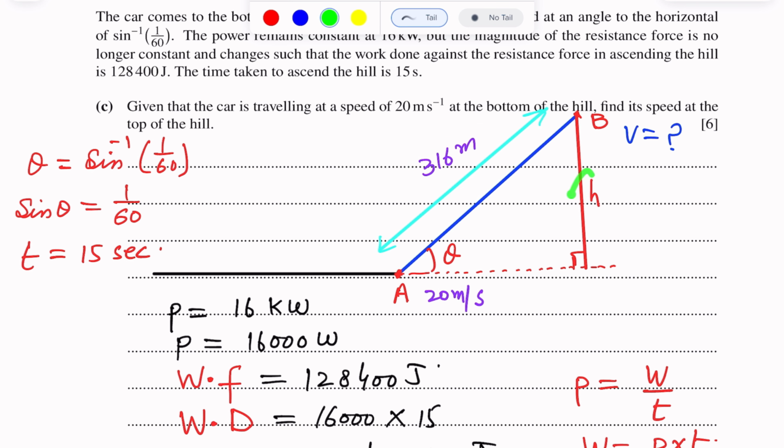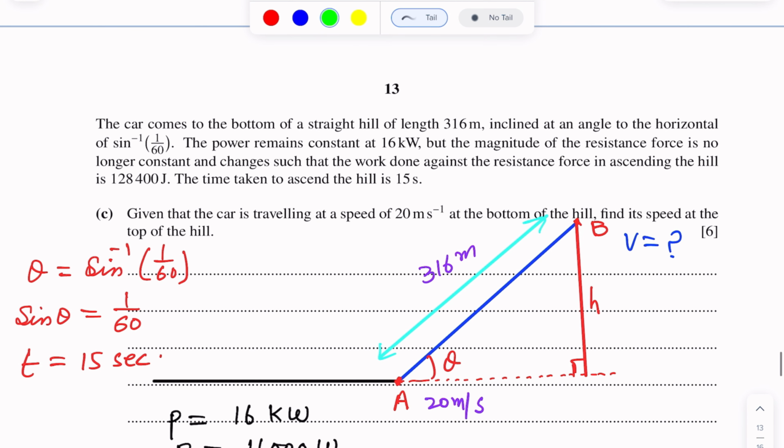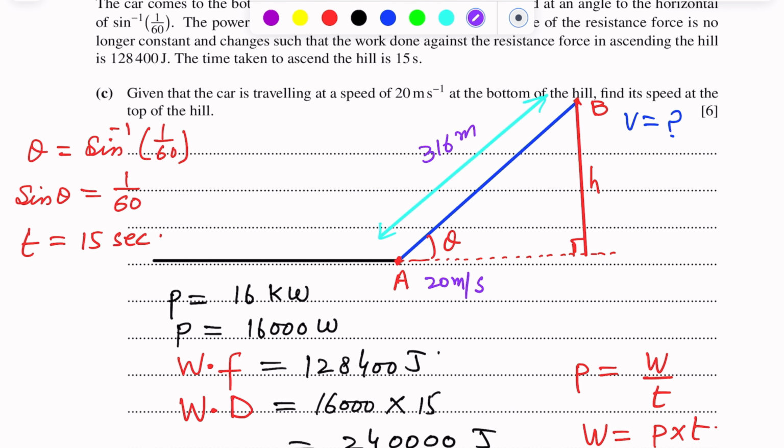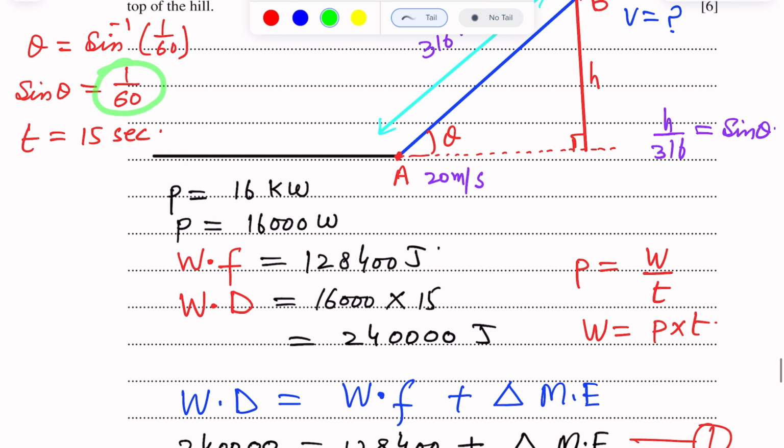So h over 316 is equal to sine theta, which is given as 1 over 60.